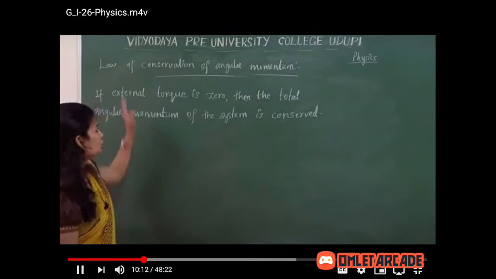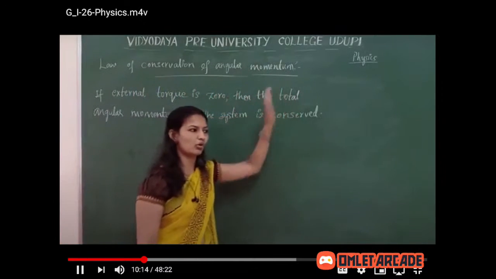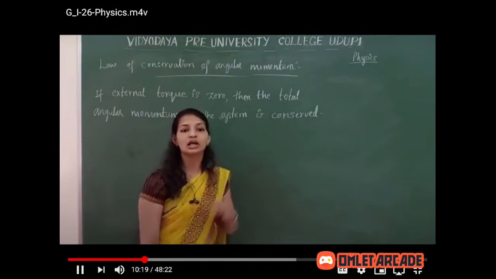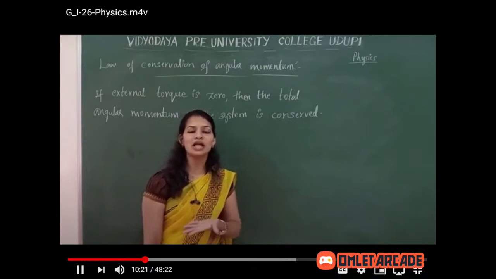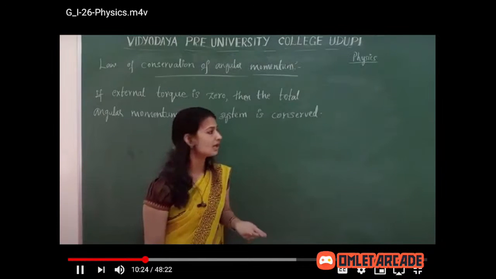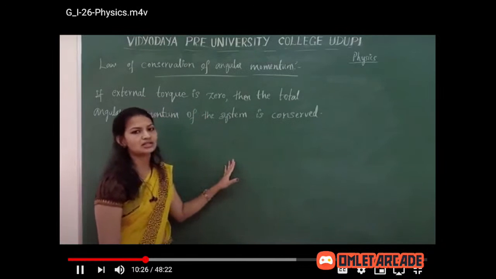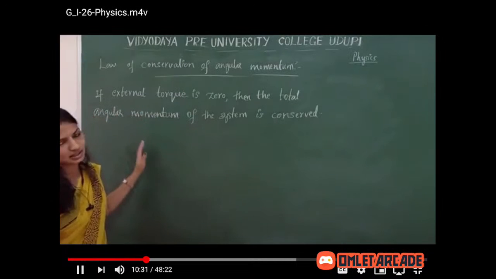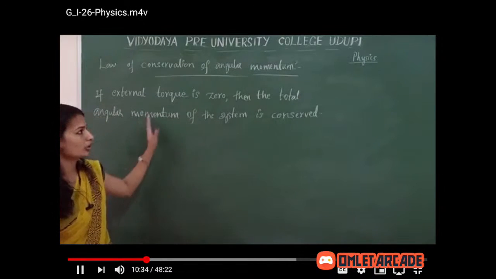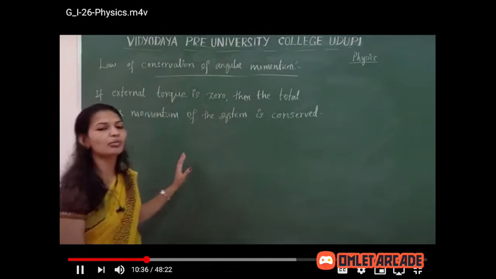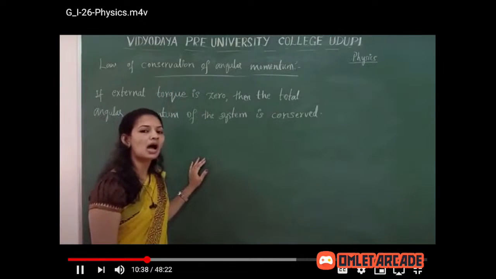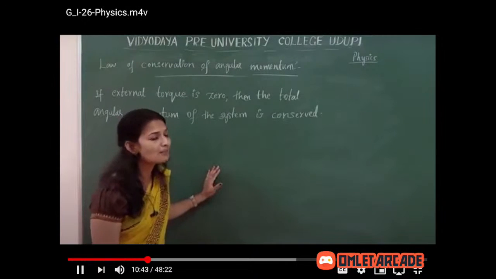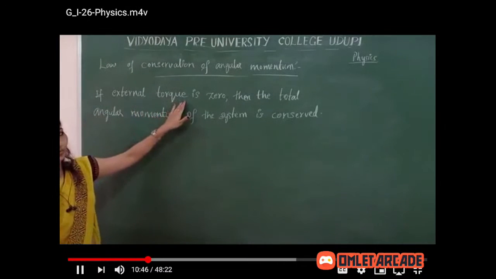That means, according to this law of conservation of angular momentum, the angular momentum of a rotating body about a fixed axis is constant in the absence of external torque.